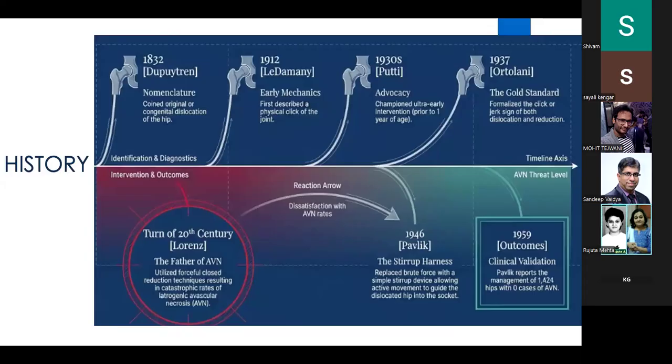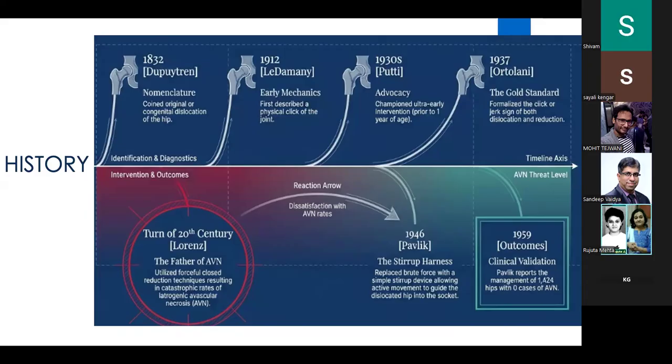History of DDH. In 1832, Dupuytren first coined the term congenital dislocation of the hip. In 1912, Le Damany first described the physical click of the joint. In 1930, Putti advocated early intervention in DDH. In 1937, Ortolani formalized the click or jerk sign of both dislocation and reduction.